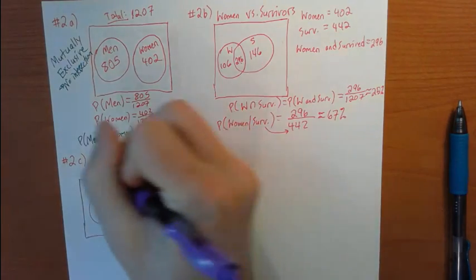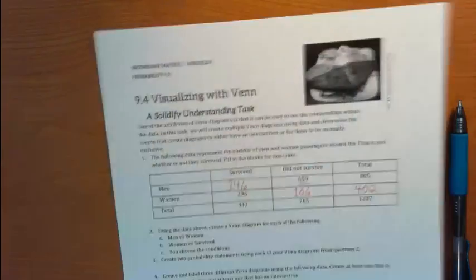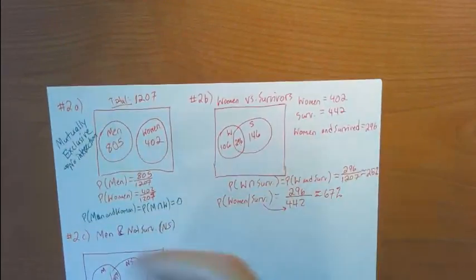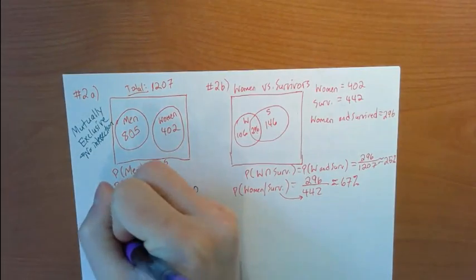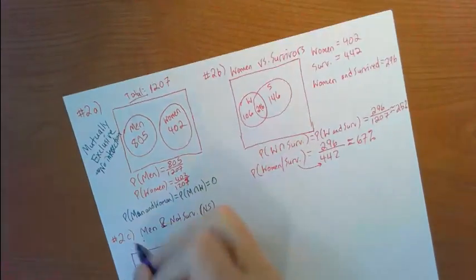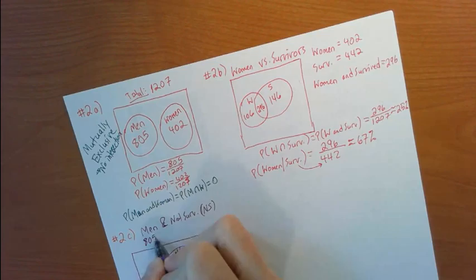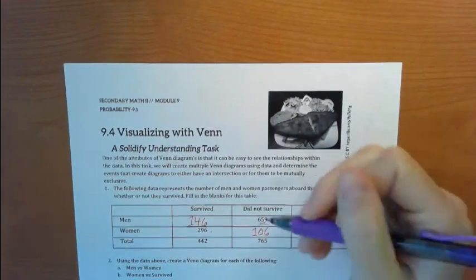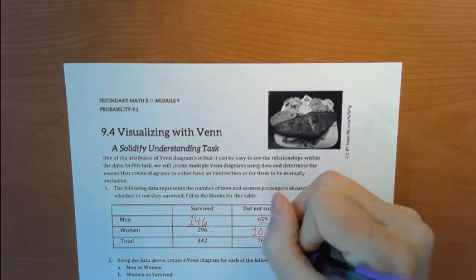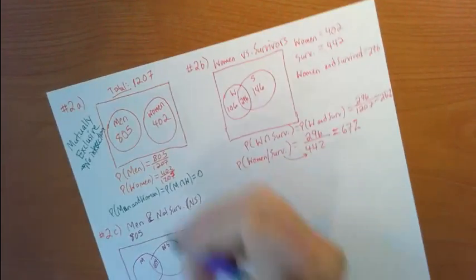So the total men, if we look back here, so total men was 146. No, that was not correct. So total men was 805. 805 total men, and then not surviving. So total not survivors, 765 people.